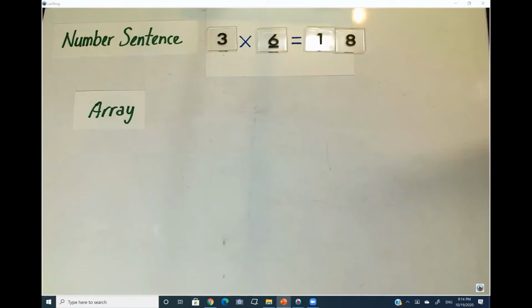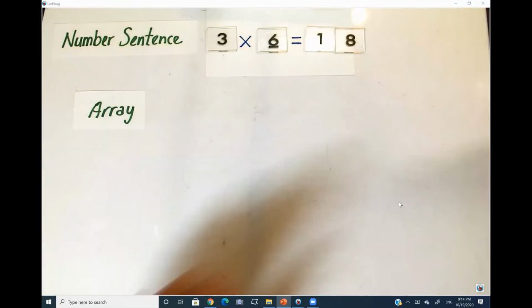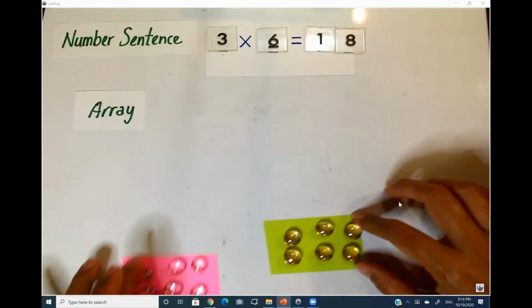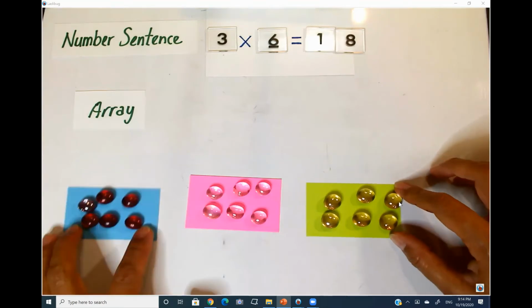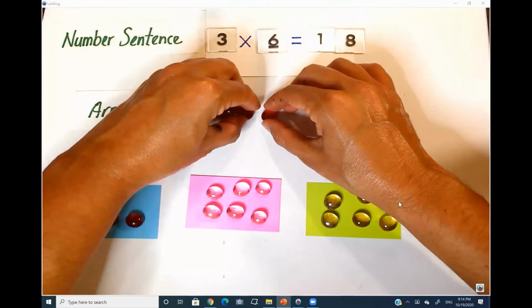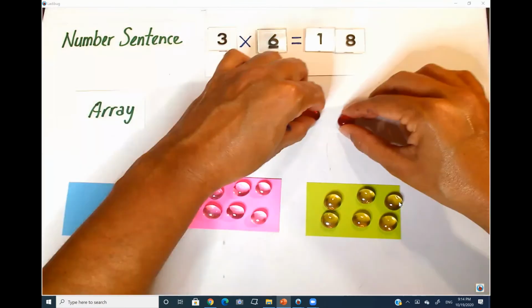The last model is an array, and the array is when we organize the objects in rows or columns too. So remember, at the beginning, we had 3 groups of 6 each. Now we're going to represent the same, but this time we have to do the rows again. So it's very similar to the area model.